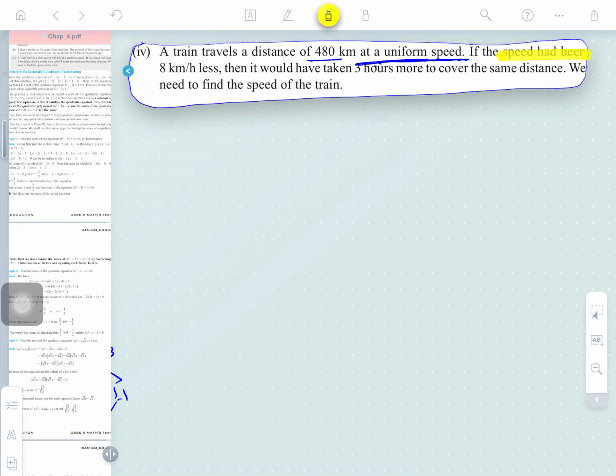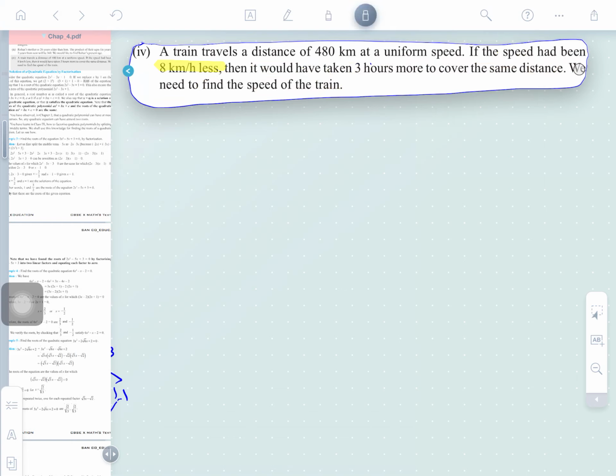If the speed had been 8 kilometer per hour less, then it would have taken 3 hours more to cover the same distance. So, we need to find the speed. Speed is unknown here, so our task is to find out the speed.